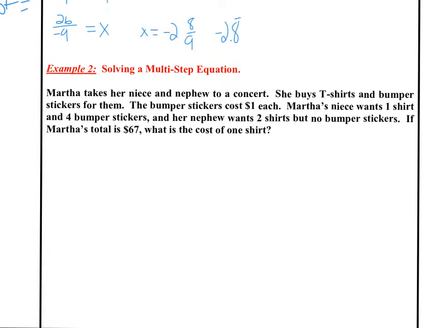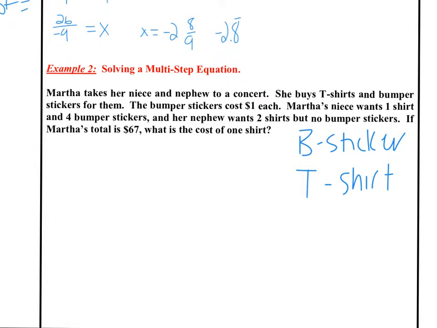So I'm going to give these some letters first. We're going to do B for bumper sticker, and T for, that looks like a plus sign. That's not good. We'll do capital T for a t-shirt. So I'm going to write the equation using B and T, and then I will plug in the fact that I know a bumper sticker is $1.